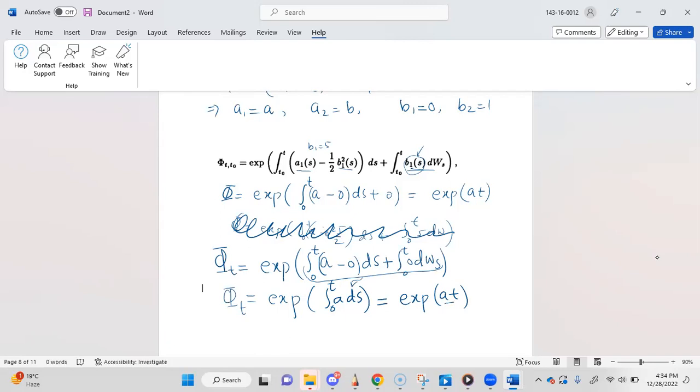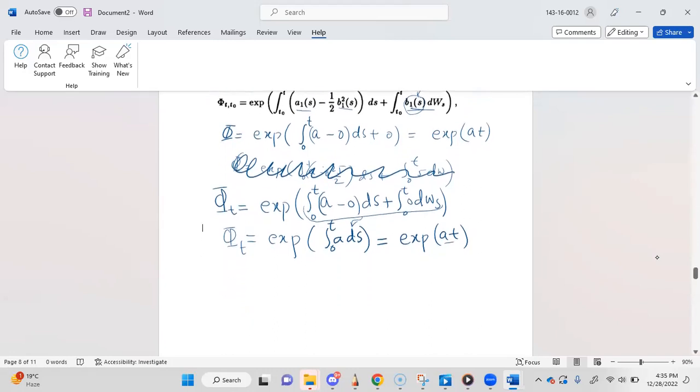You know, when you integrate exponential of a between t and 0 ds, when you evaluate the integral of a with the limits of t and 0, you get at minus 0, right?